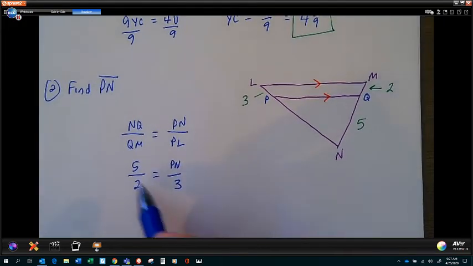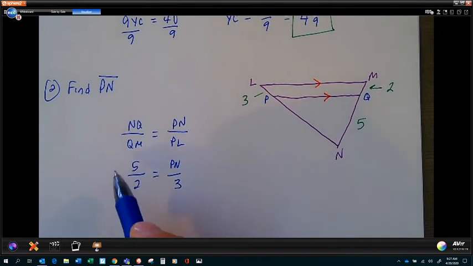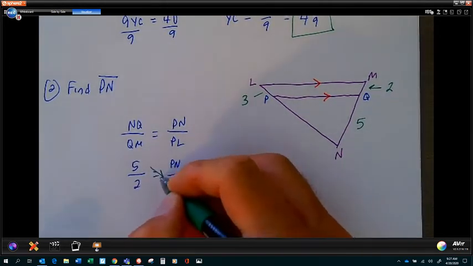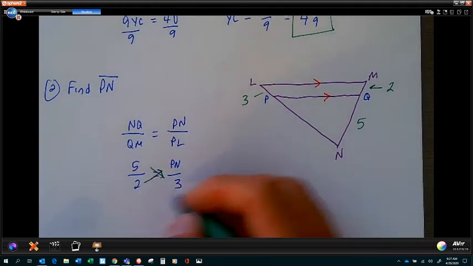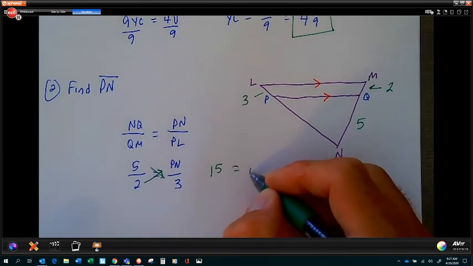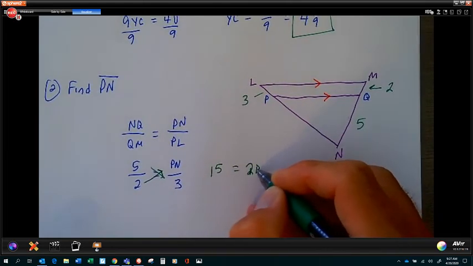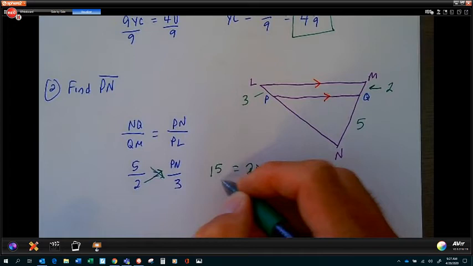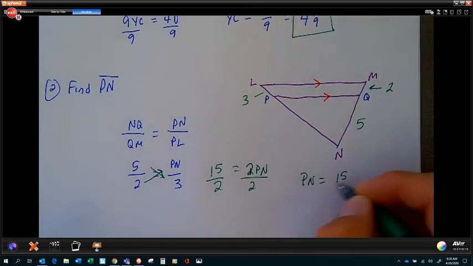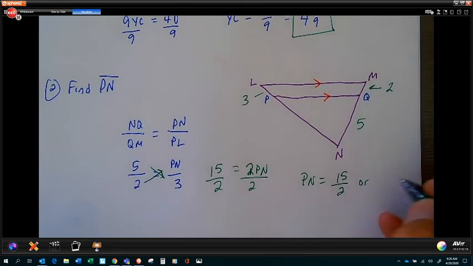So again, we can cross-multiply just like we did above. We've got 5 times 3 is 15, and 2 times PN equals 2PN. Then dividing both sides by 2, we come up with PN is equal to 15 halves, or 7.5.